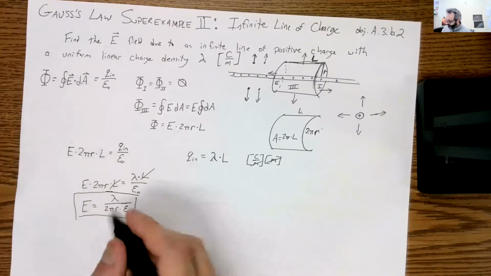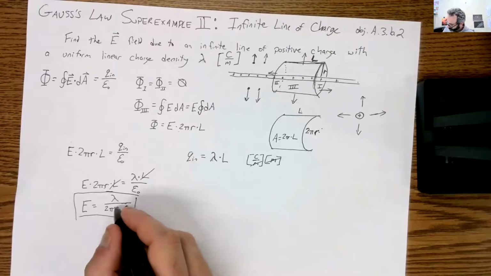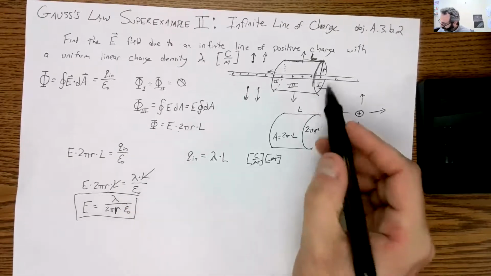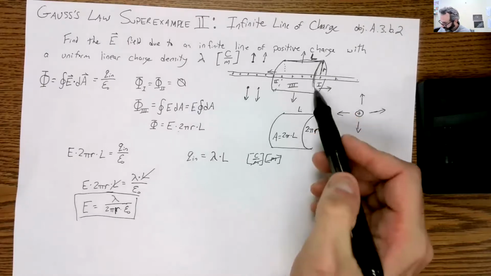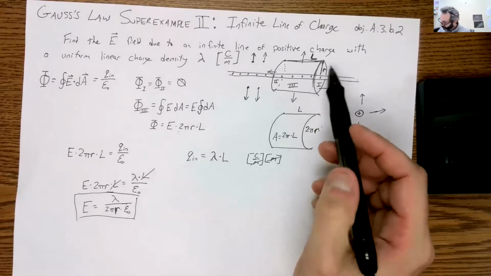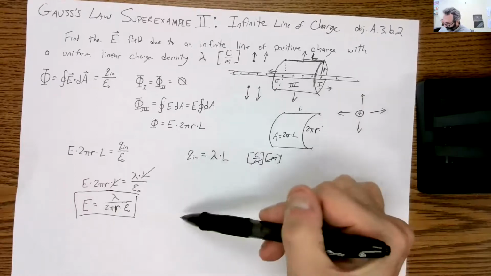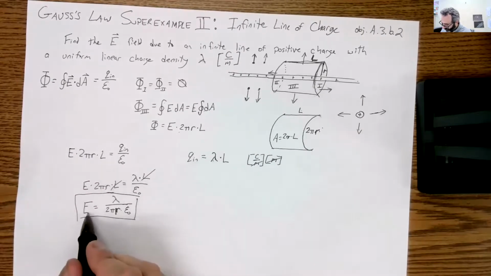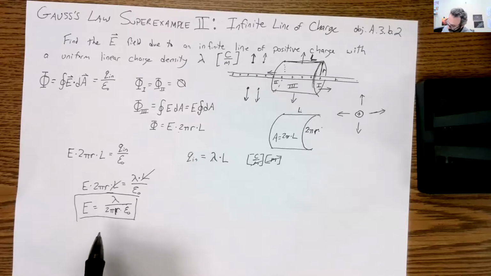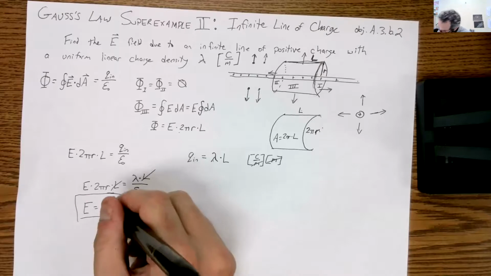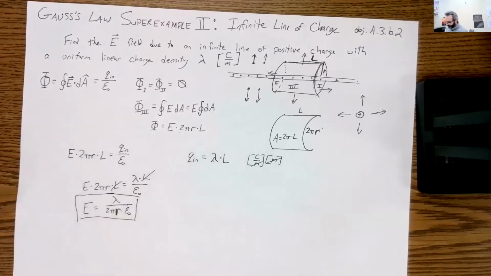So since the R is still in the equation, in the denominator, it doesn't matter what we make the radius of our Gaussian cylinder. If we want to find the electric field farther away, we have a bigger R and a smaller electric field. That does make sense, because with a point charge, when you get farther away, the electric field gets weaker by 1 over r squared, so it gets weaker quickly.